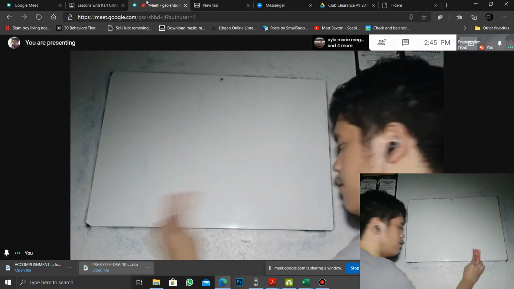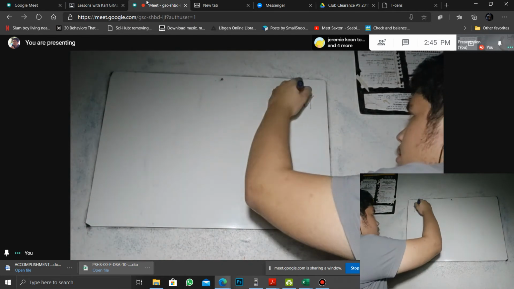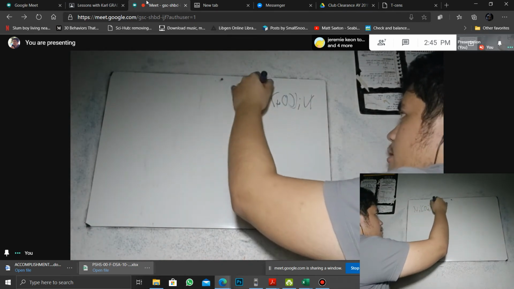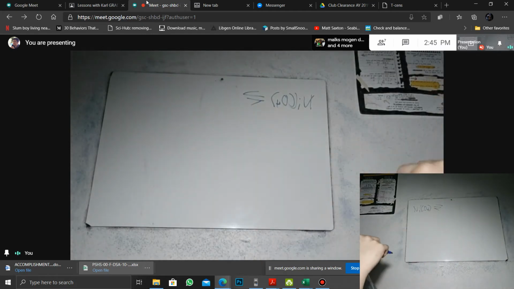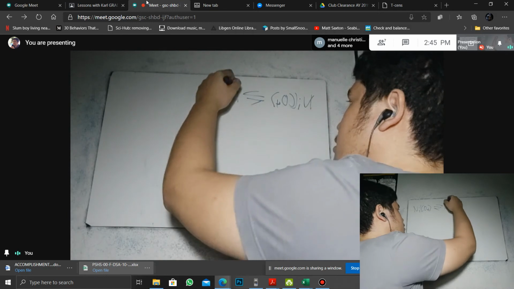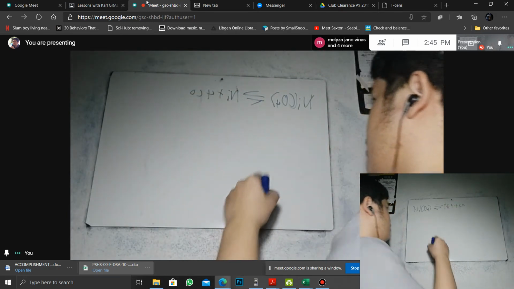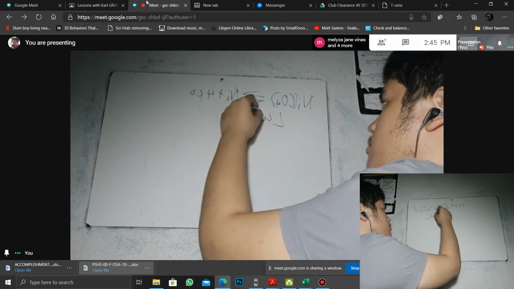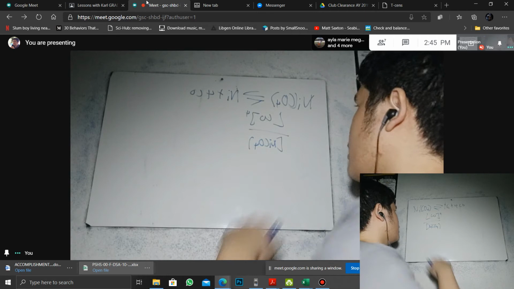Letter C. Ni. Binabalance ko na pala siya. Forms Ni plus 4CO. CO to the 4th over NiCO4. Kasi, solid yun nasa ilalim.